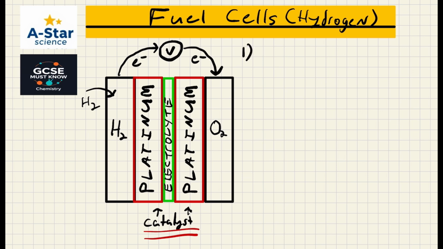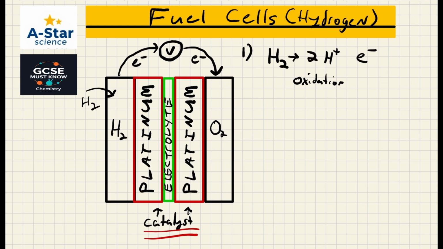The first thing we need to understand is how the electrons come from the hydrogen. If we have hydrogen gas and that splits to form electrons, then we know that's an oxidation reaction because it's lost electrons. That means we must form hydrogen ions. In this case, there are two hydrogen ions.